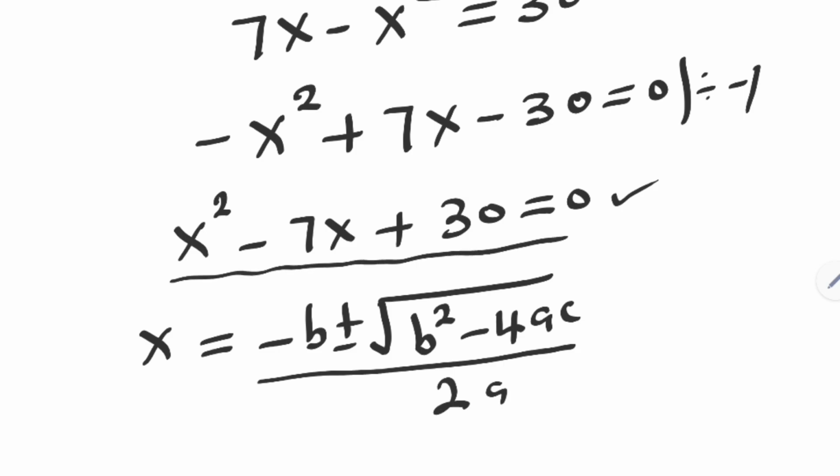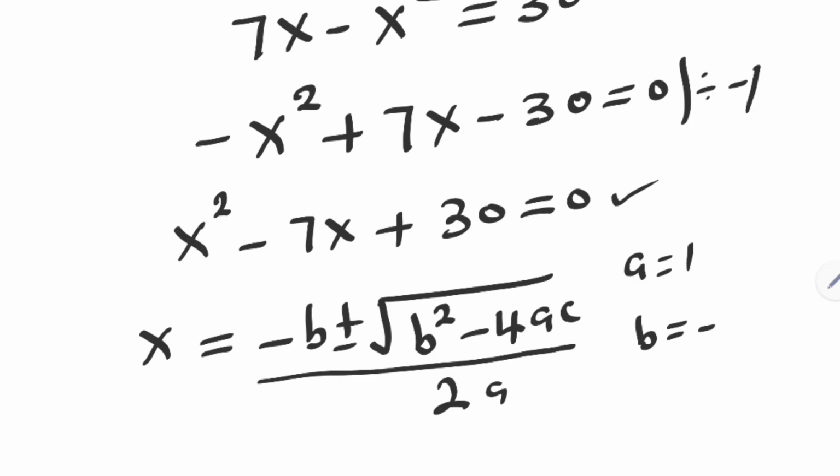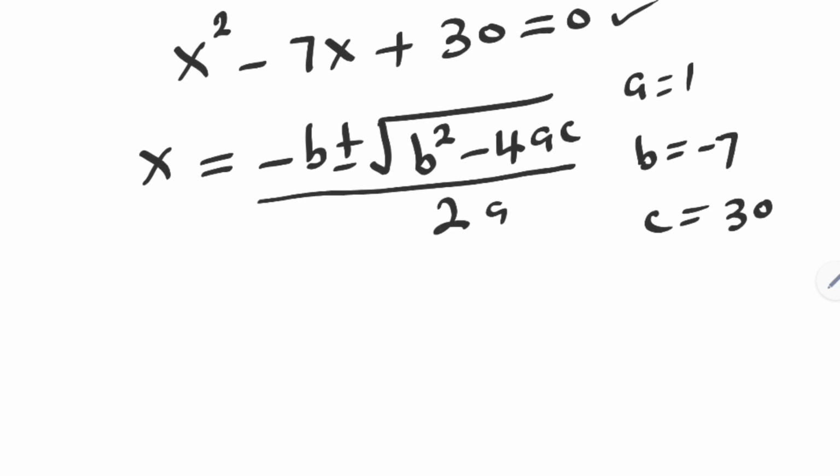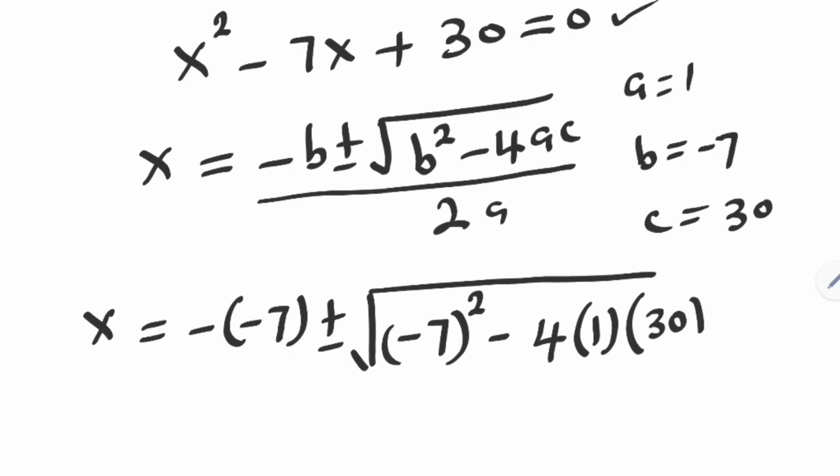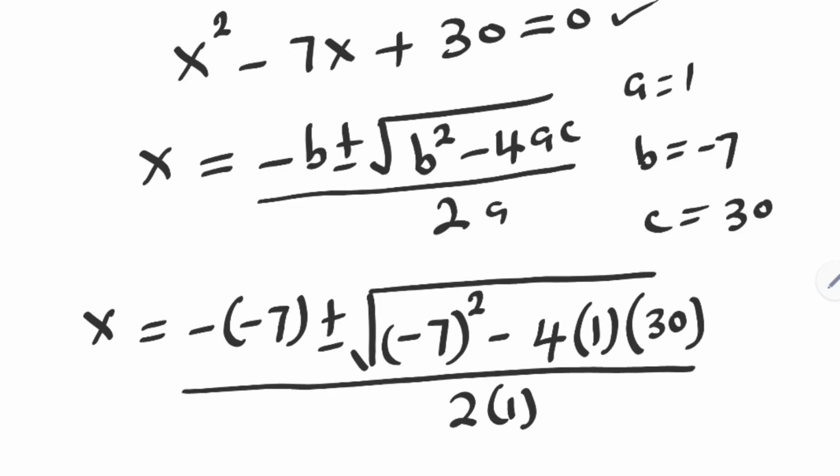Then from this equation, a is equal to 1, b is equal to minus 7, c is equal to 30. x is equal to minus bracket minus 7 plus or minus square root of minus 7 squared minus 4 multiplied by a is 1 multiplied by c is 30, divided by 2 multiplied by a is 1.